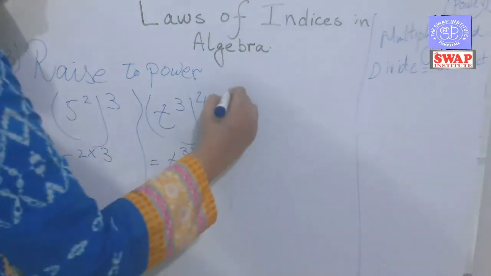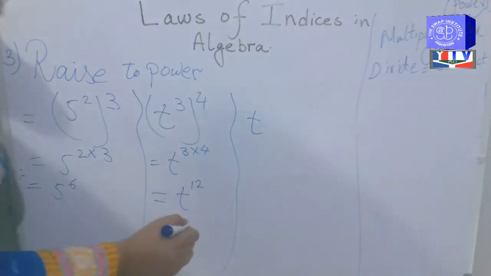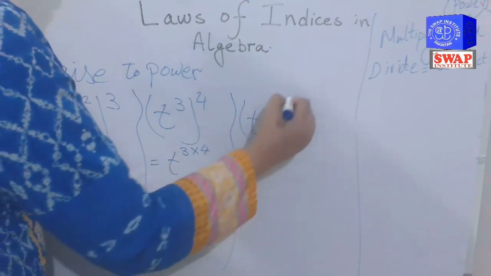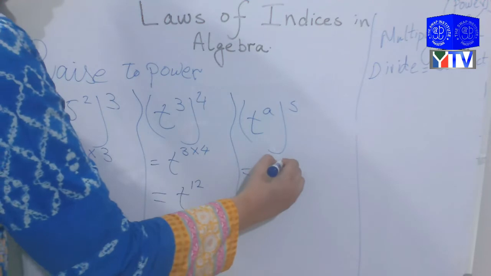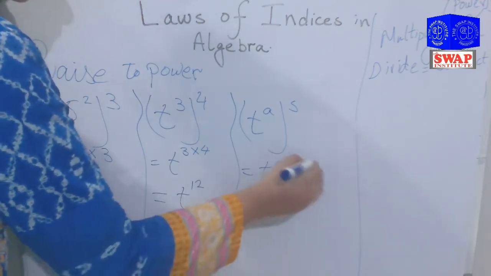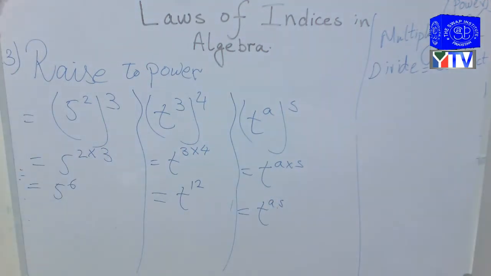Instead of a number, if I have an alphabet, the rule remains the same: t power a and a whole s, then t raised to a multiplied by s. So t is the base, and a into s is the index, the power. So you see, the rule is the same.